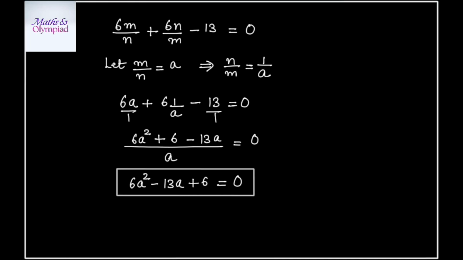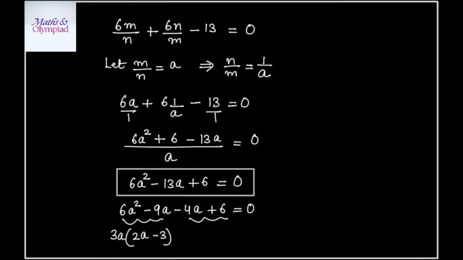We will split minus 13a into minus 9a and minus 4a. From these two terms, we have a common factor 3a. From these two terms, we can take out minus 2 as a common factor.